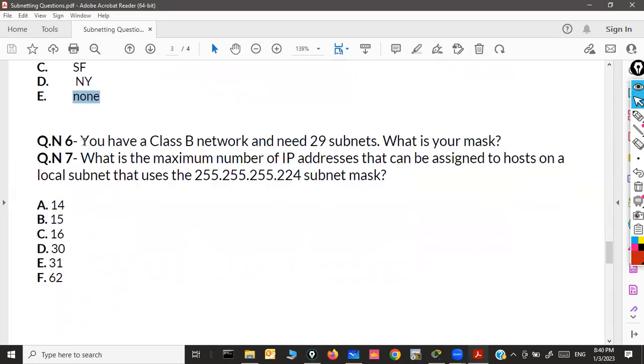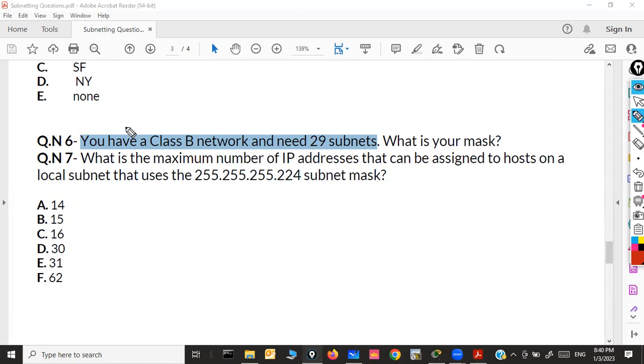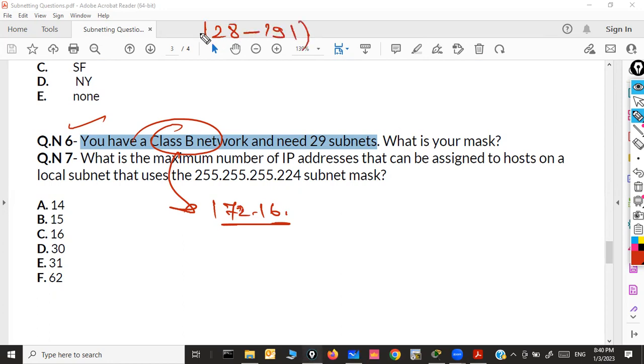All right, let's answer this question now. You have a class B network and need 29 subnets. So what is your mask? In class B, you can take any IP address from class B. If the first octet is any number between 128 to 191, then it's always a class B address.